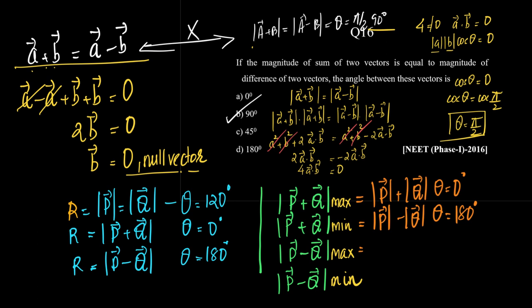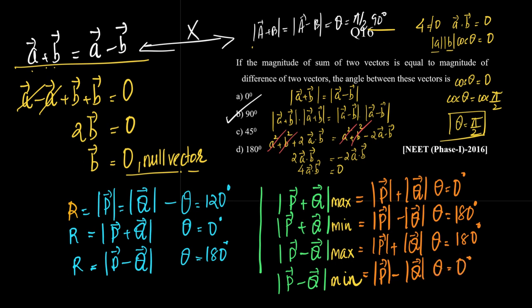Mod of vector p minus q is maximum, and it is equal to the sum of individual magnitudes of these vectors, when theta is equal to 180 degrees. And mod of p minus q assumes the minimum value, which is equal to the difference of these magnitudes, when the angle between them is 0 degree.